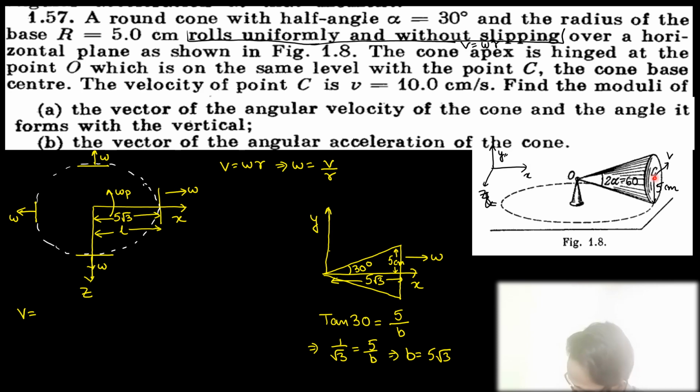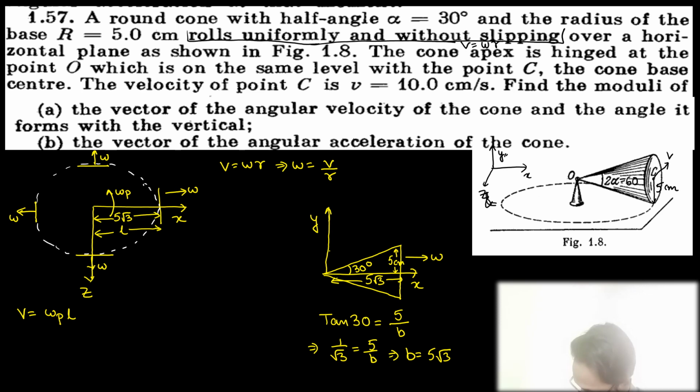Okay, so can I say V, the velocity with which this disk moves, is equal to omega p into L. Why? Because the entire perimeter of the circular path is how much?